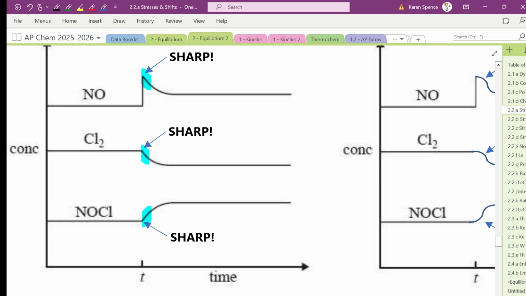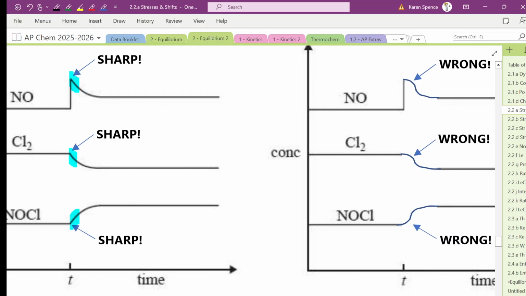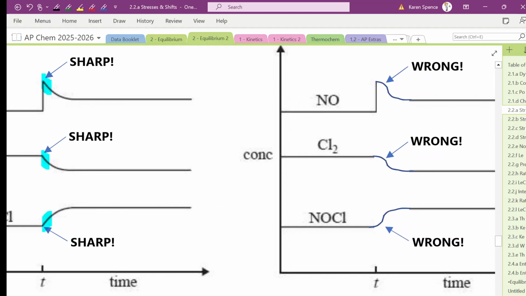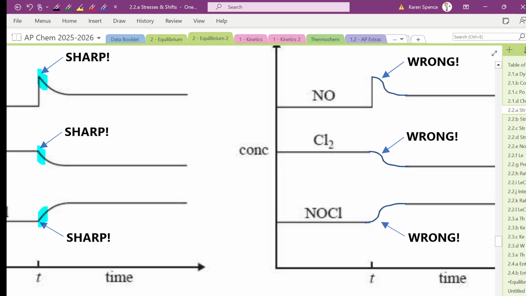It is the steepest at the beginning of the shift. So you end up with these sharp little points. Now, the reason I don't like that language is if you do it wrong, you can still have some sharp points, but some of them will not be sharp. What is the basic thing that's wrong with the ones on the right?